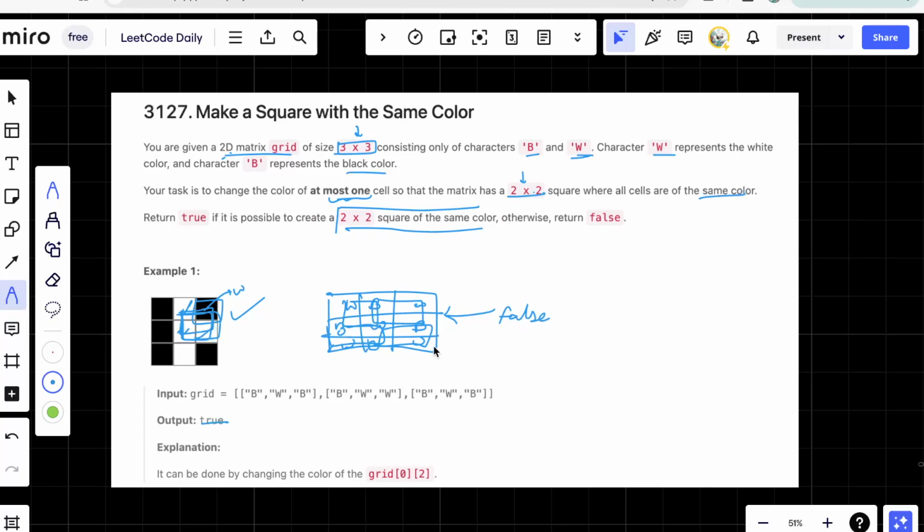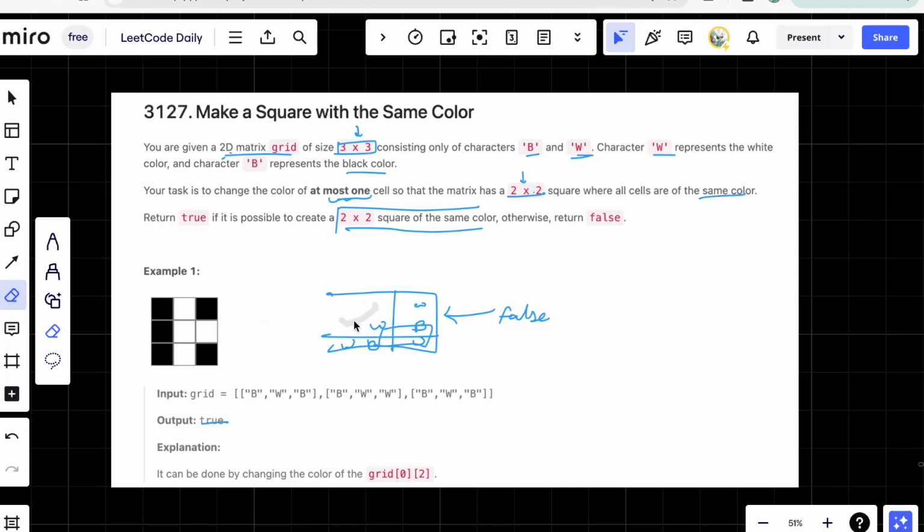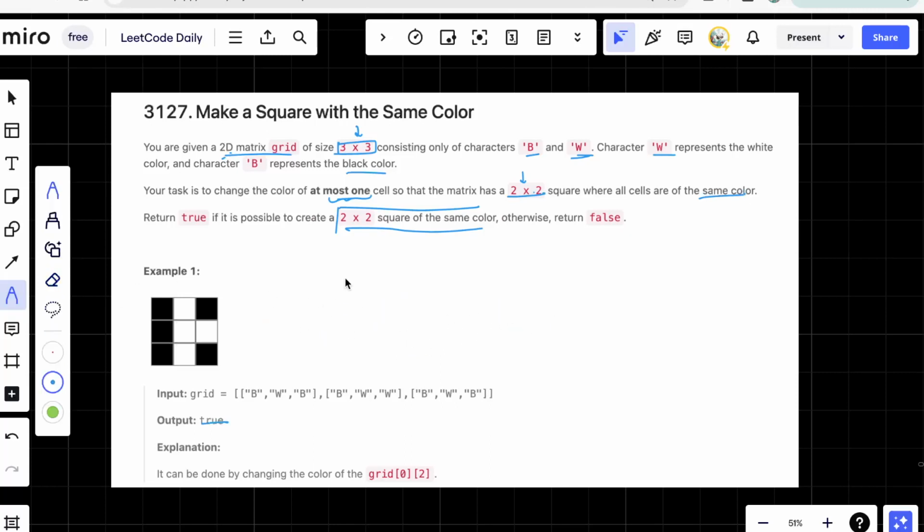So let us see how we're going to solve it, right? So obviously the solution is very simple, right? What we're trying to see here is a 2 cross 2 square having the same color. So ideally, see, this can also be the case. Let's say, for example, my grid was, this is black, this is black, this is black, white, white, white, white, and let's say this is black and this is black.